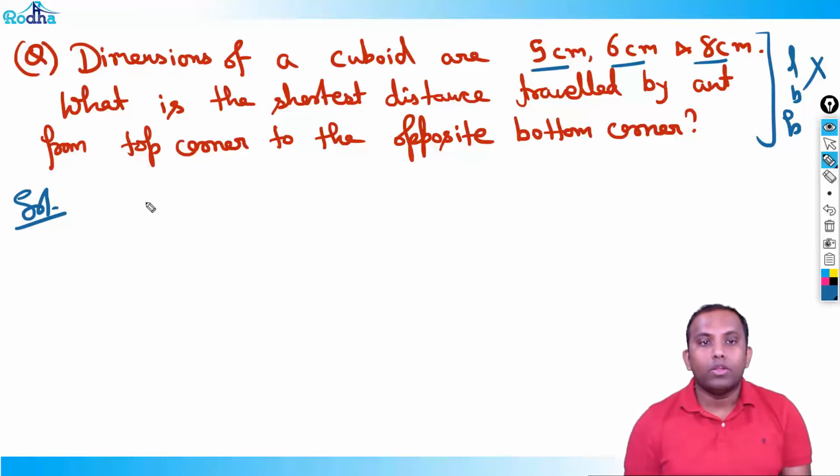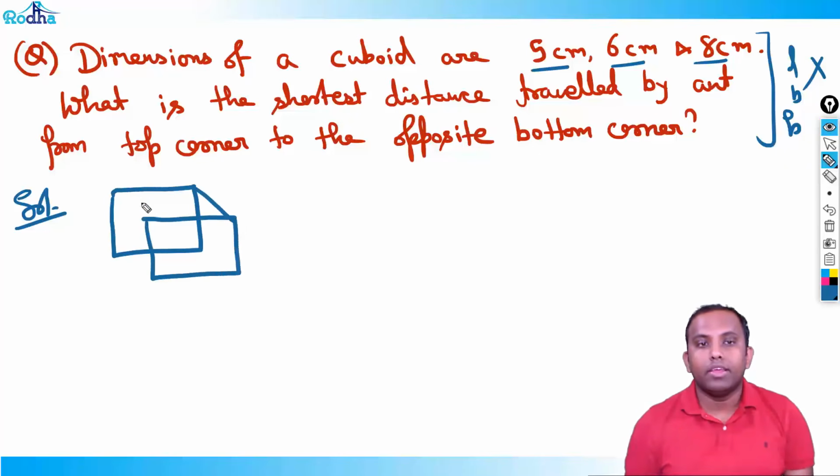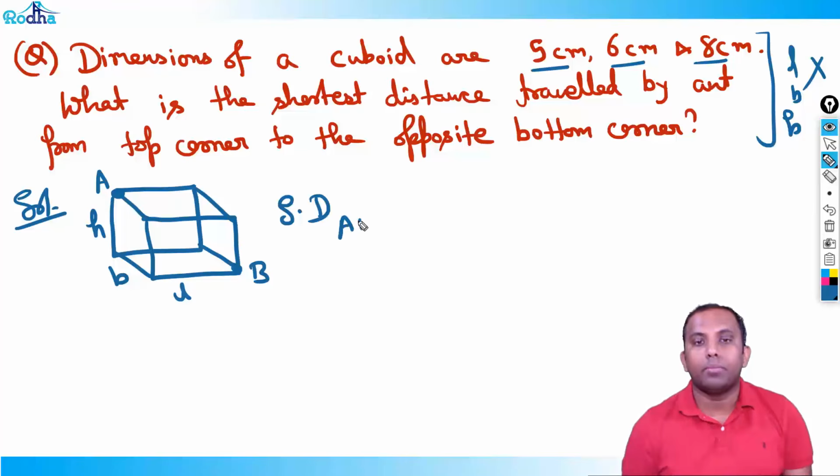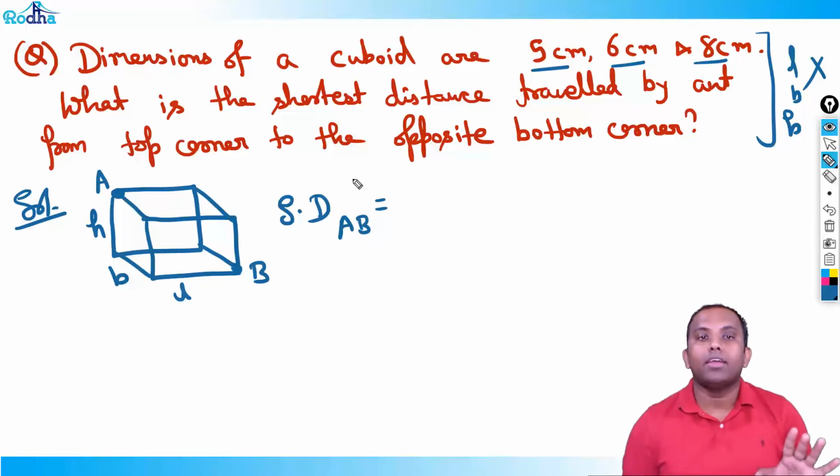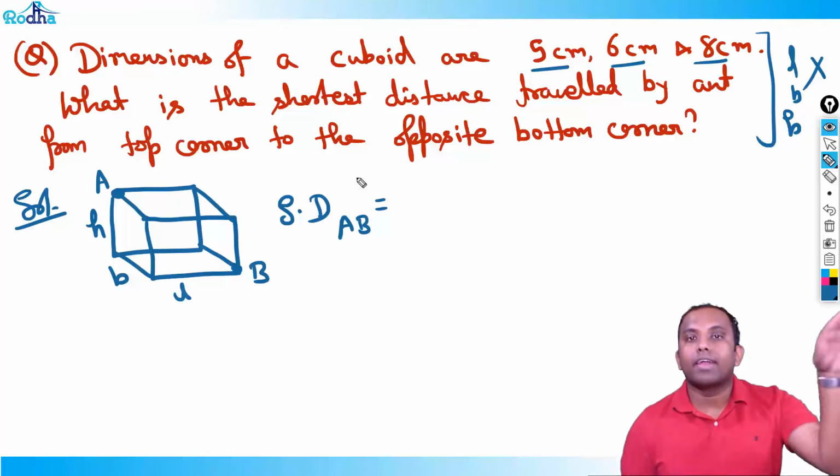See, I know from the previous slide, if length is L, breadth is B, height is H, the shortest distance from the top corner to the opposite bottom corner, that is the shortest distance AB, is not the diagonal. Don't take it diagonal, because the ant can't travel diagonally.